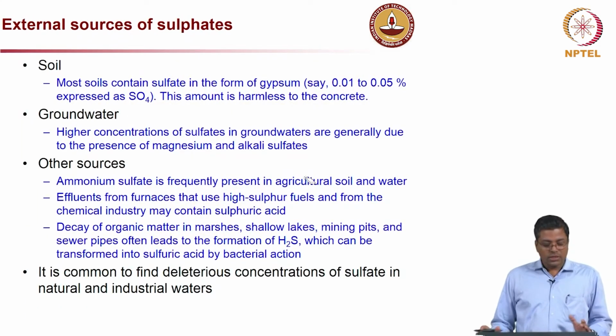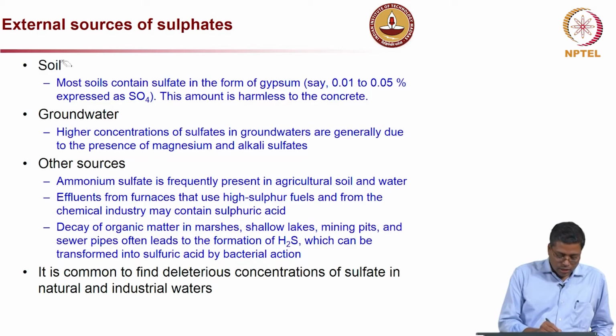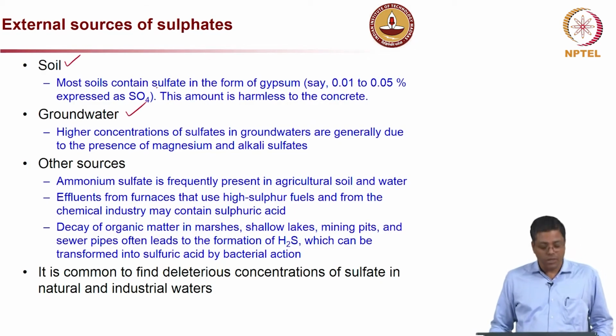So, now let us look at what are the different sources of sulphates. As we saw in the previous slide, definitely there are sulphate rich soil and sulphate rich groundwater or water bodies present next to the concrete structures or in contact with them.